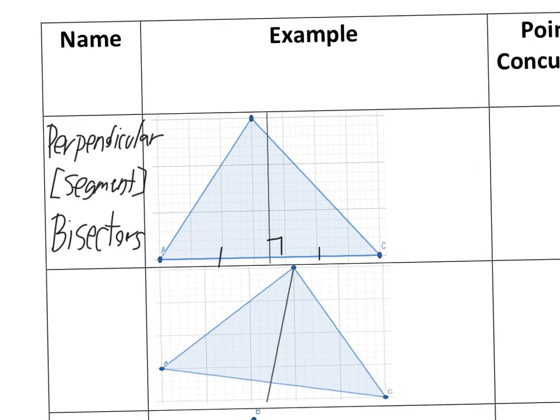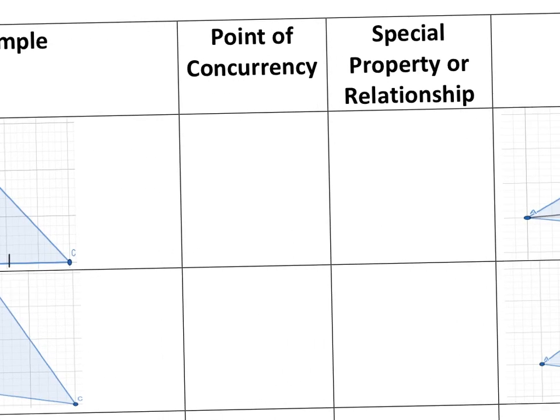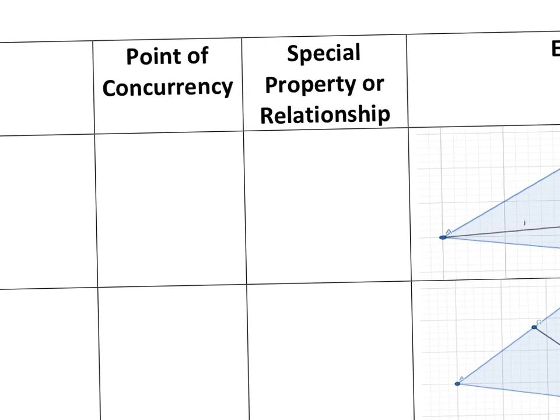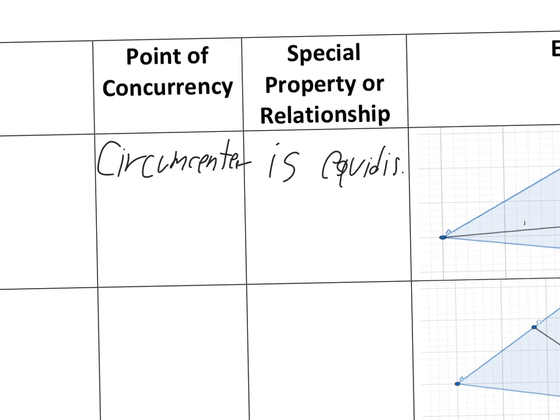When we get 3 of these perpendicular bisectors together, they give us the point of concurrency known as the circumcenter. The circumcenter is going to be located in the position such that it is going to be equidistant from each vertex.